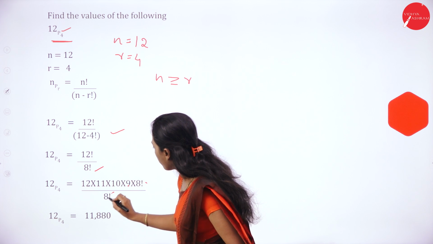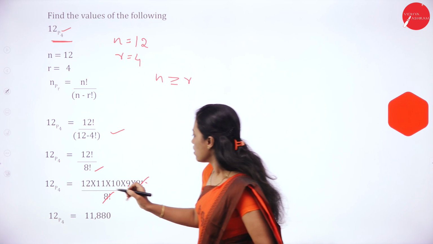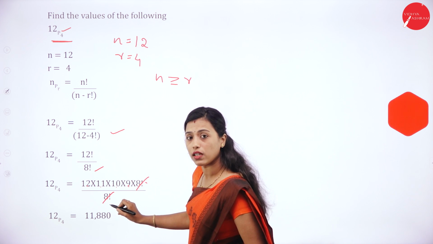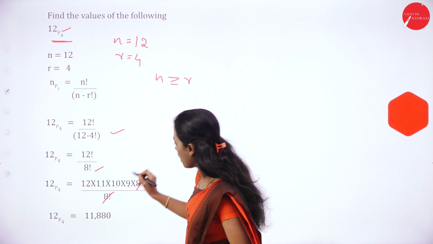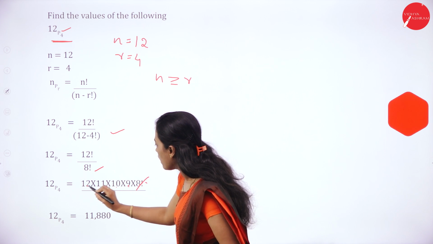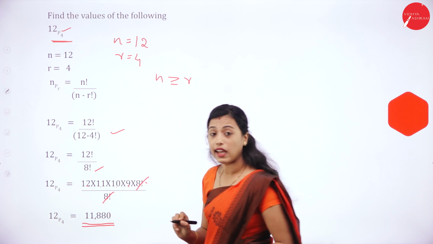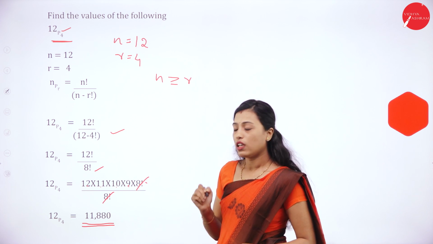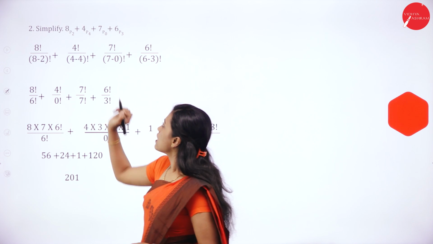Factorial 8 will get cancelled. So 12 into 11 into 10 into 9 is 11,880. So 12P4 is equal to 11,880.